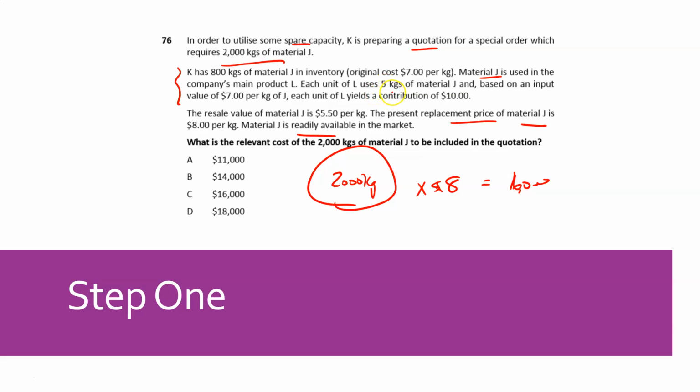We're just talking about the cost of replacement ultimately, which is 16,000. We'll see questions where we have to think about all the other issues, but really here you are categorically replacing the stock. And your answer here is C.